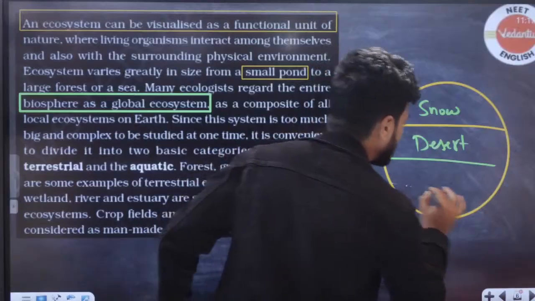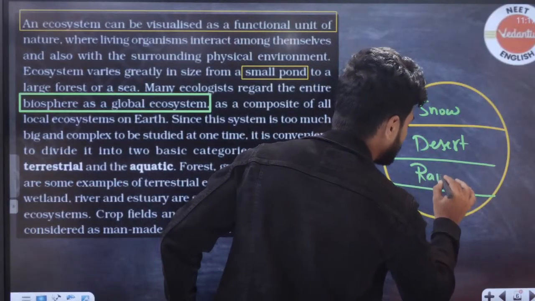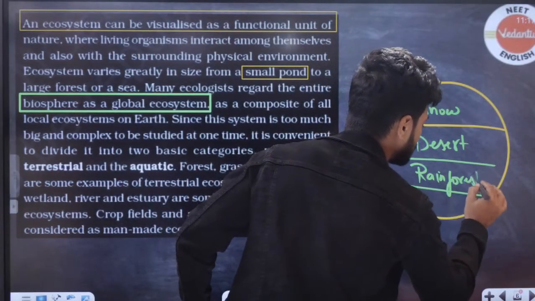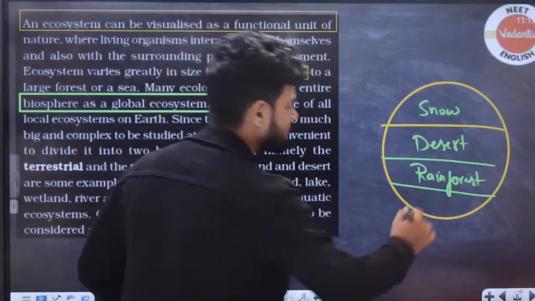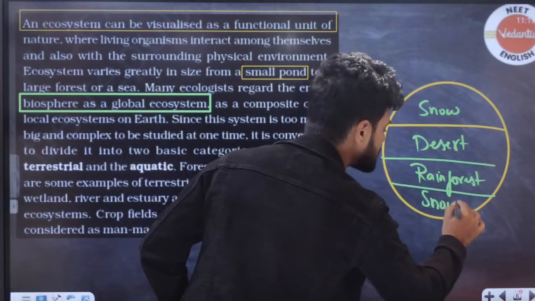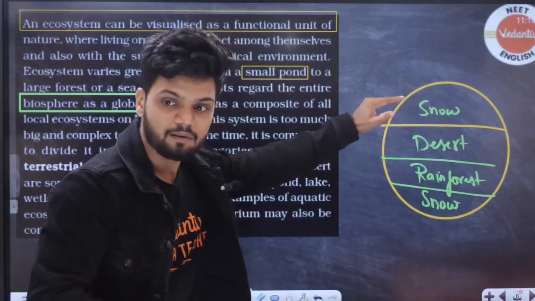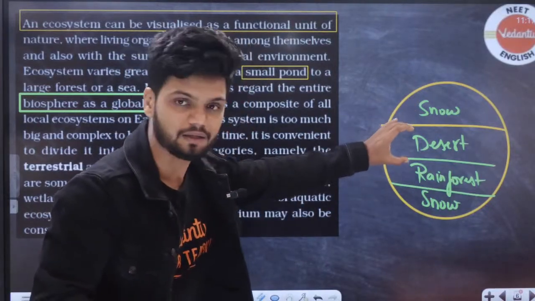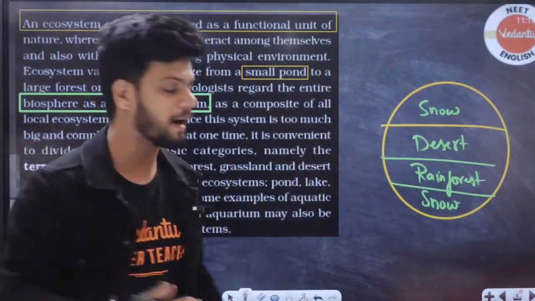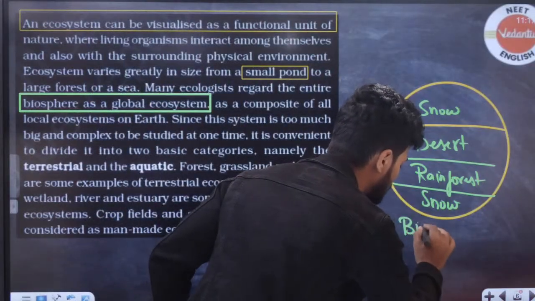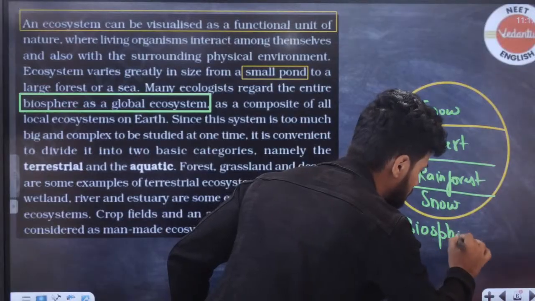We have rainforest. Again we have snow regions, the North Pole and South Pole. Each is called a local ecosystem. When many local ecosystems join together, they make up the entire biosphere. This is the entire biosphere.